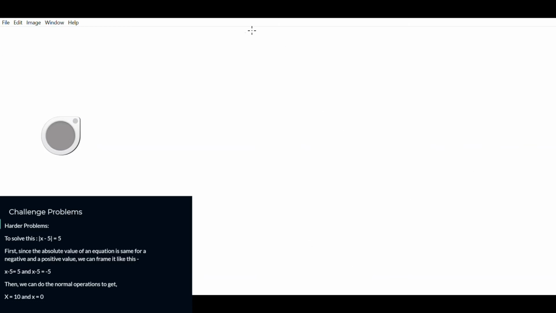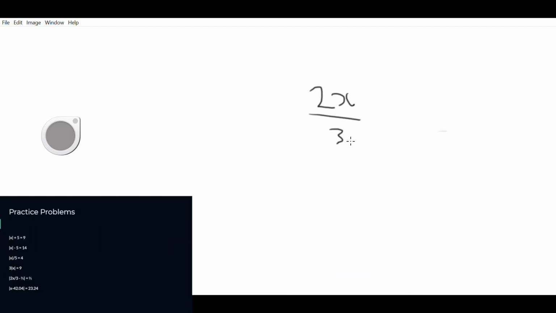Now look at a problem which involves fractions. Suppose you have 2x over 3 minus 2 by 3 is equal to 2 by 3, and you have all of this included in absolute value brackets. You would solve this like we did with the previous problem.